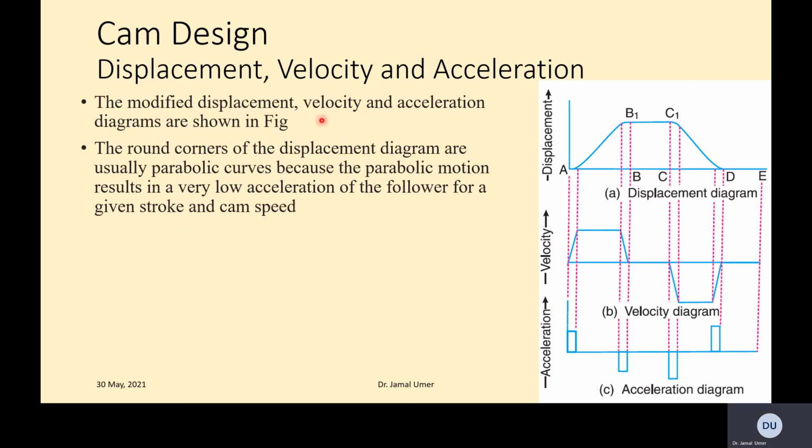The modified displacement, velocity and acceleration diagrams are shown in the figure. The round corner displacement diagrams are usually a parabolic profile, because the parabolic motion results in a very low acceleration of the follower for a given stroke and cam speed. So most of the time it is a parabolic profile, this rounding off, right?